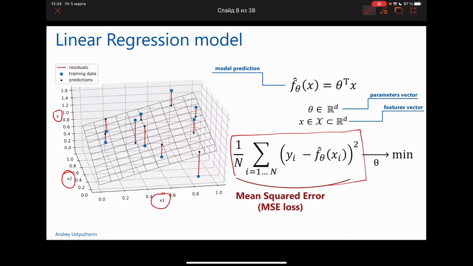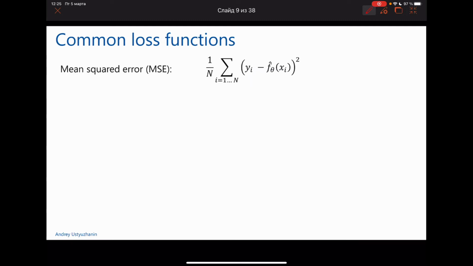In the case of linear regression, the model that we target can be expressed as a vector theta multiplied by a vector of features. Of course, there could be a bias term as well, but for simplicity's sake, we omit it for the moment.